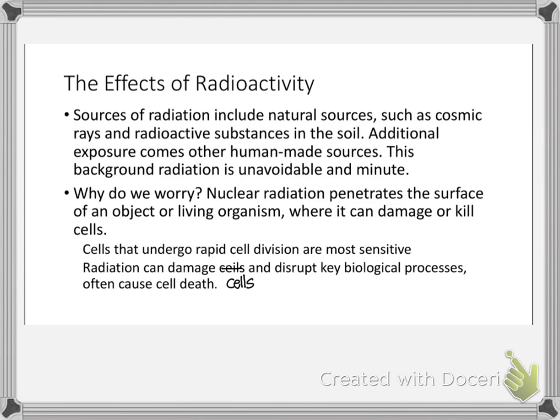I think these are all things that have cells that undergo rapid division, and so they would be more sensitive to radiation exposure. The other thing that can often be sensitive to radiation exposure is cancer cells themselves, because if they are dividing rapidly, they would fall into this same category.